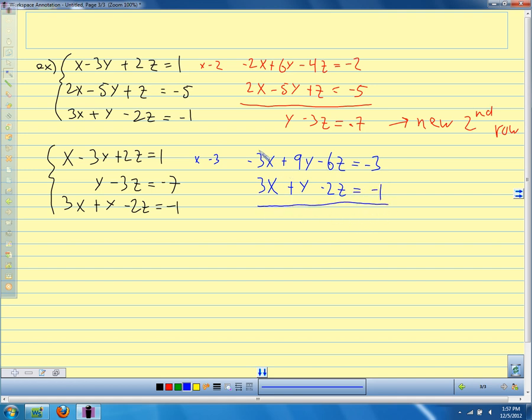Add those together. When I add these, the x's add up to 0. 9y plus y is 10y. Minus 6z minus 2z is minus 8z. And minus 3 minus 1 equals negative 4. This is my new third row.